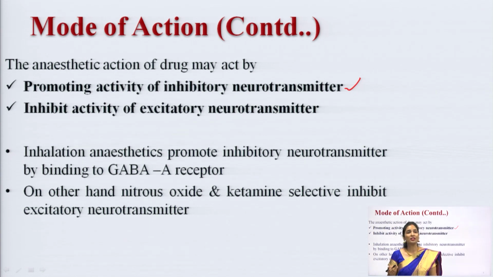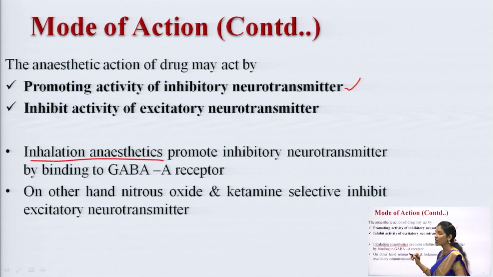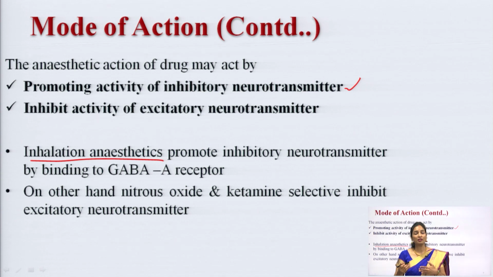So, there are some drugs which act by inhibiting the excitatory neurotransmitter, and some drugs which promote the inhibitory neurotransmitter. If I am talking about the inhalation anesthetics, these drugs will promote the inhibitory neurotransmitter action, especially by binding to the GABA-A receptor. Okay? And when the inhalation anesthetic binds to the GABA-A receptor, it increases the inhibitory neurotransmitter action.